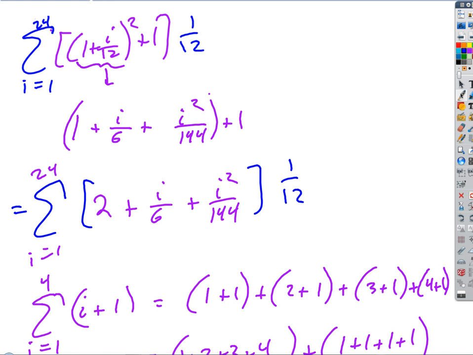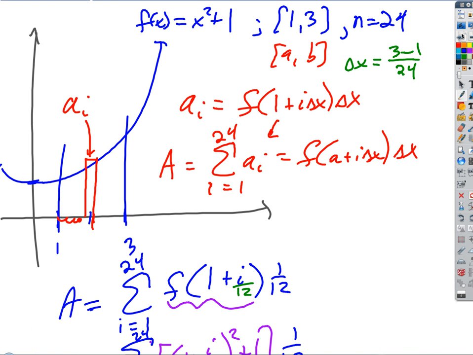Unfortunately, we didn't get through that one yesterday, so we have to catch up to where we were. Remember, we were looking at this problem. We're trying to approximate the area under this curve, f of x equals x squared plus 1.